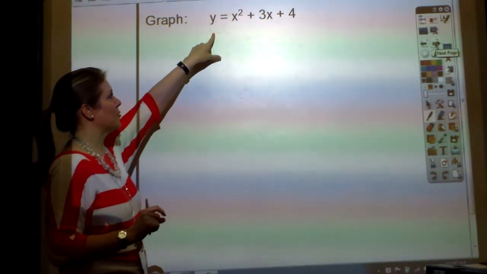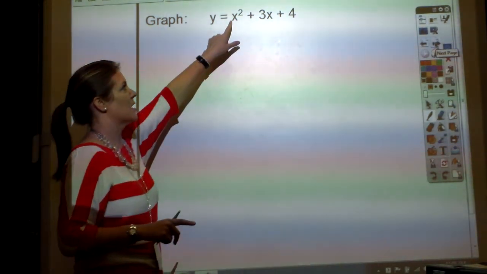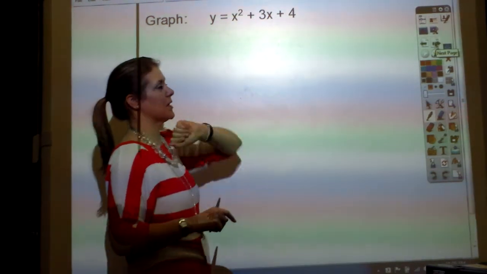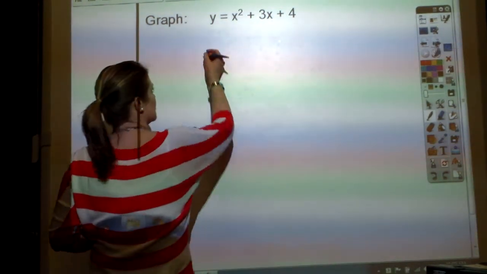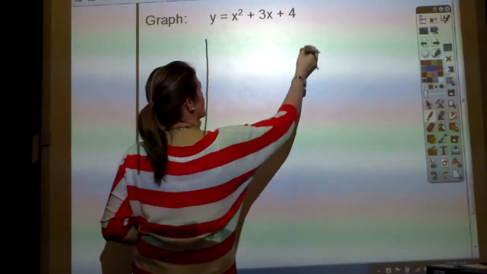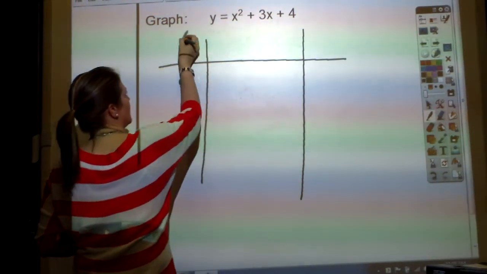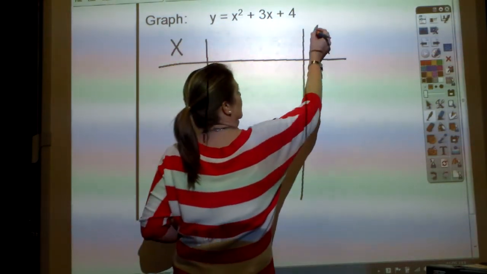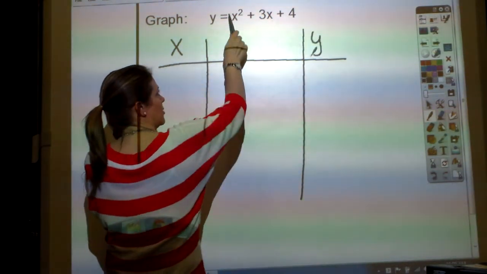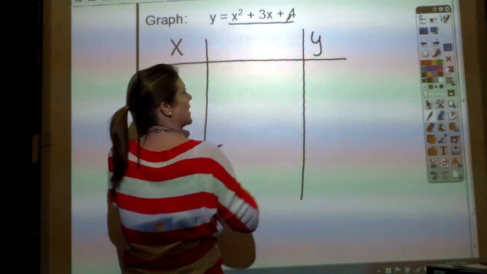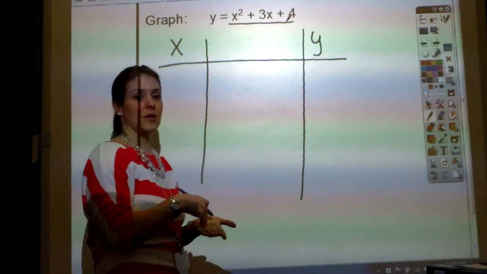So very quickly, we're going to do an example. We're going to graph the quadratic function y equals x squared plus 3x plus 4. So you're still going to want to do your table of values, which is nothing different from what we've done. You have your input, which is your x. You have your output, which will be your y. Your function rule is that expression x squared plus 3x plus 4.